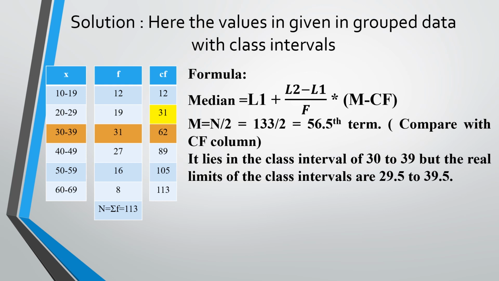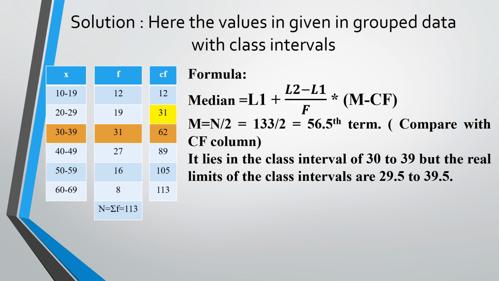For that purpose we convert these class intervals: 10 to 19 as 9.5 to 19.5, and 20 to 29 as 19.5 to 29.5. Then similarly 30 to 39 as 29.5 to 39.5. The next one, 40 to 49 as 39.5 to 49.5.